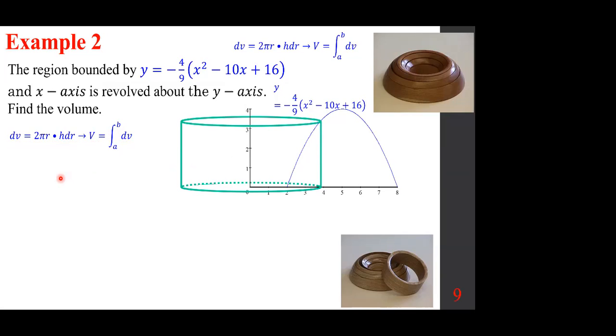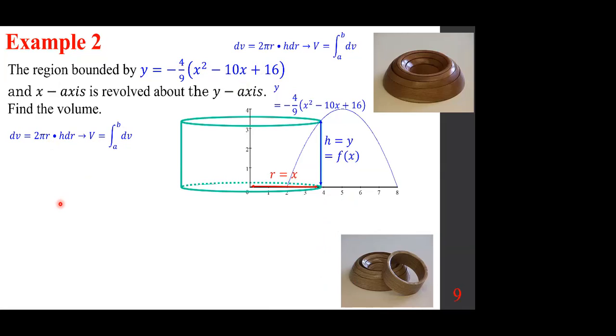So we need to find the radius and the height. The radius is clearly the x, everybody, so we're going to replace the radius with x. The height is clearly the y. We're going to replace it with f of x, which is this function. And we need a and b.